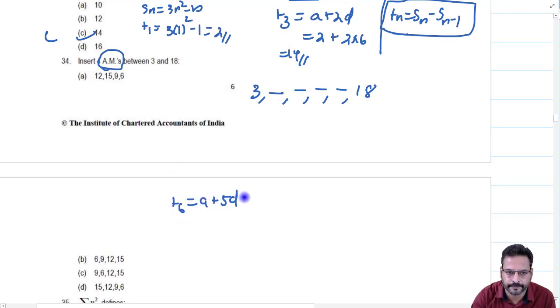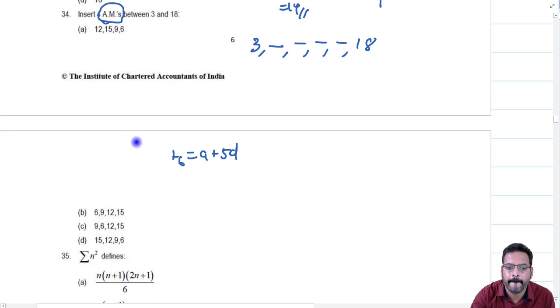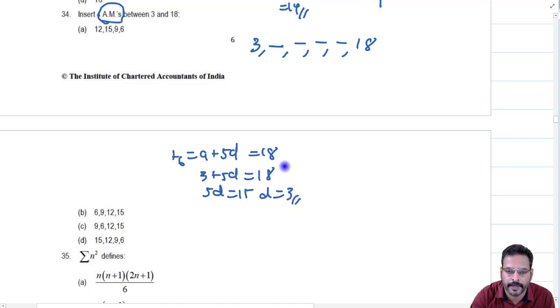We know that T6 is equal to 18, and a is equal to 3. 3 plus 5d equal to 18. So 5d equal to 15, d is equal to 3. Therefore, 3 plus 3, 6; 6 plus 3, 9; then 12, 15. So 6, 9, 12, 15 will be the answer.